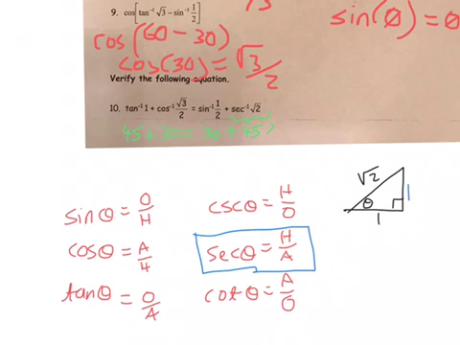So this is verified. Now, as far as what your teacher needs to see, in order to know that you know what you're doing, you might want to write something like this, to show your teacher that you know what secant means. It's hypotenuse over adjacent.